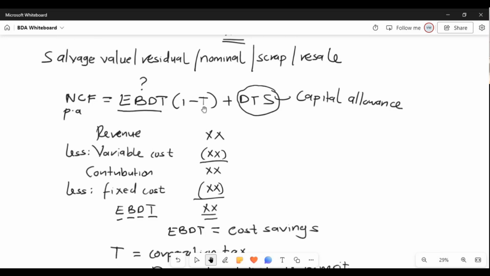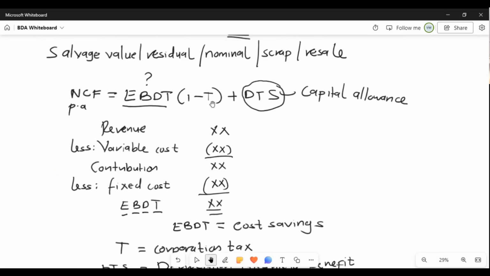So the question is not talking about taxation, neither is it talking about the DTS, which in this case is the capital allowance. But we can get the earnings before depreciation and tax, which is given by the revenue, less the variable cost, and less the fixed cost.